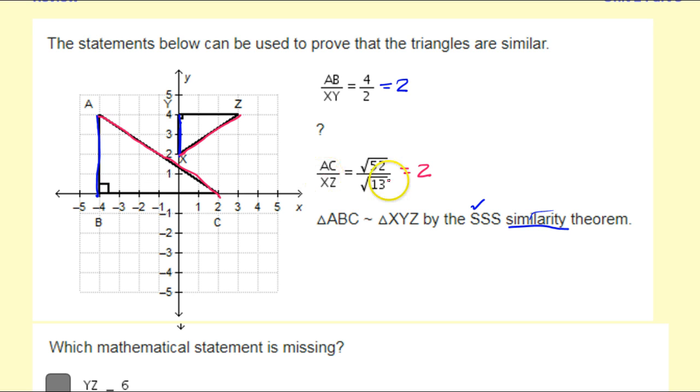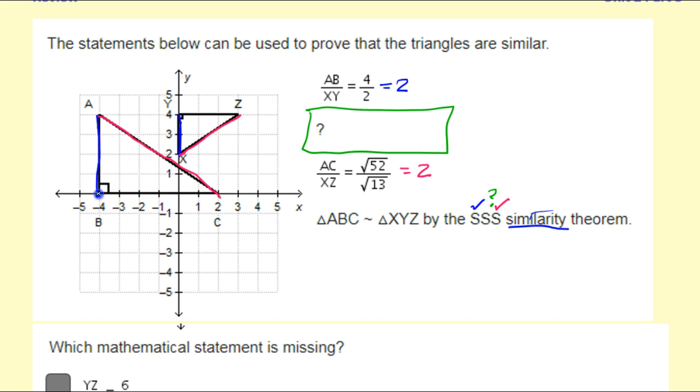So now we have 2 pairs of corresponding sides. So we have a side, and a side. Since we're doing the side-side-side similarity theorem, the statement that's missing right here is one more pair of sides.